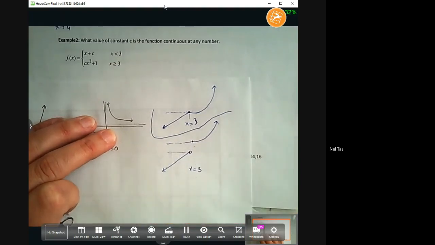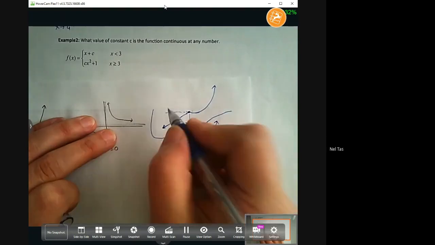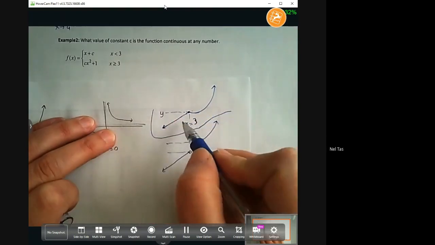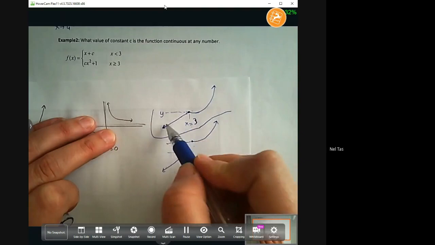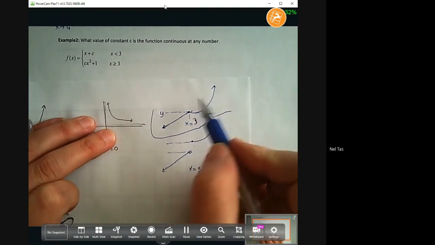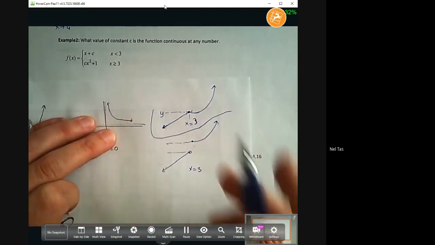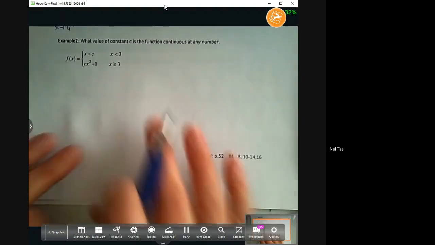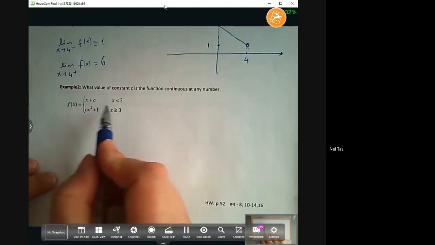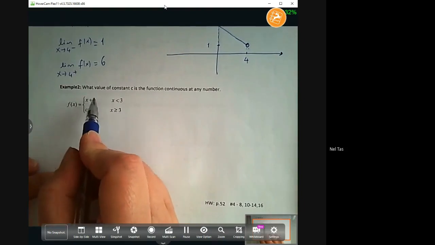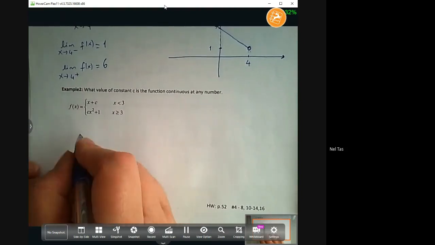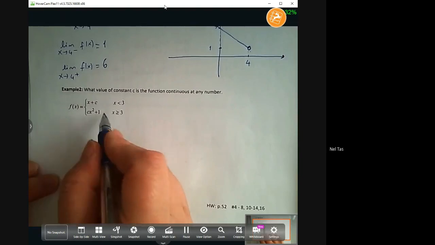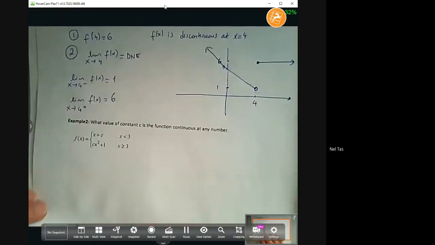So we're going to use this information here. There's only a single y value when x is equal to 3 for the line and the parabola, so that they are attached. This means when I substitute 3 in the first equation and second equation, I should be getting the same y value.